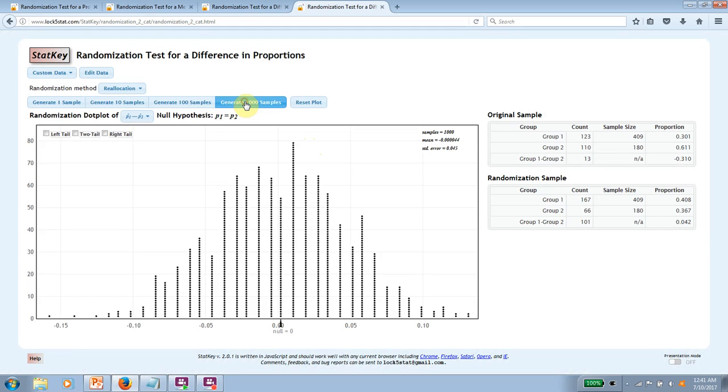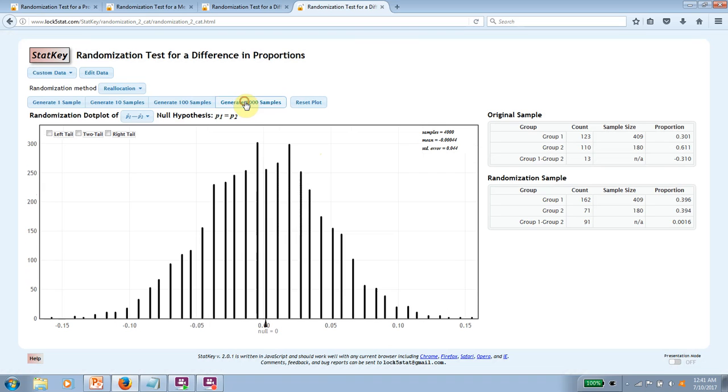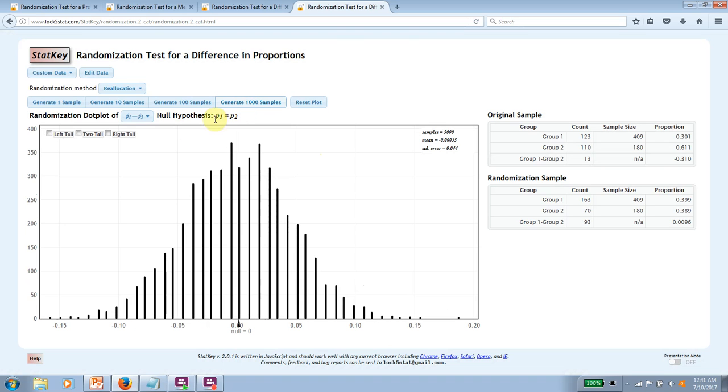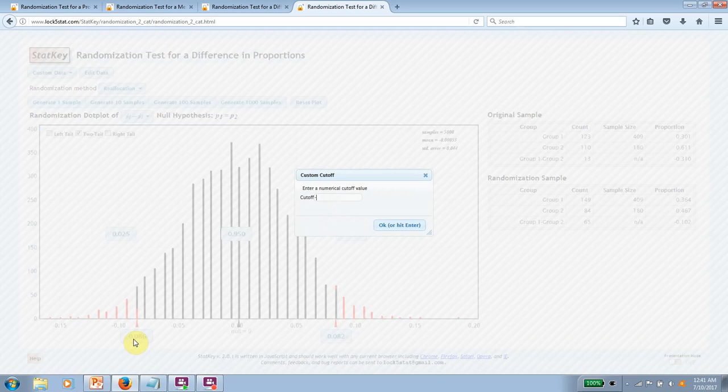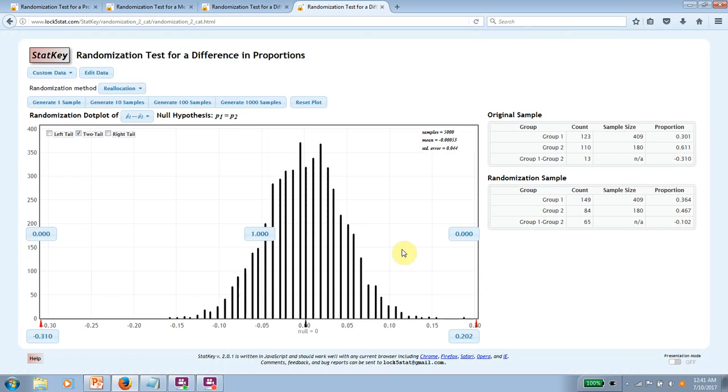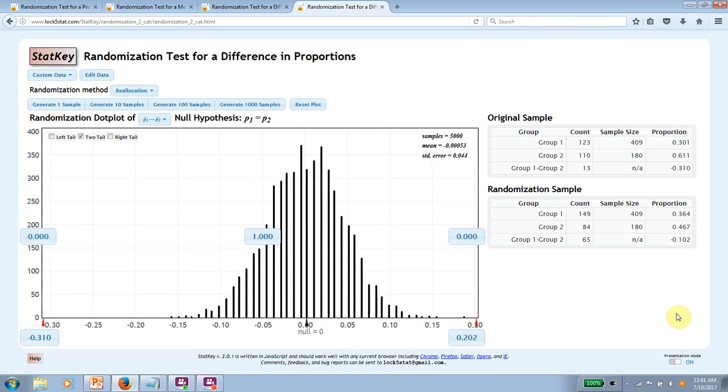And generating 5,000 randomization samples, 2 tail, and then I just have to specify the left tail cutoff as negative 0.31. There. What I'm getting, generating this in StatKey, is pretty similar to what's there in the slides. My left tail, the bound for it, is so far out to the left that you get that lopsided looking picture, which is perfectly fine.